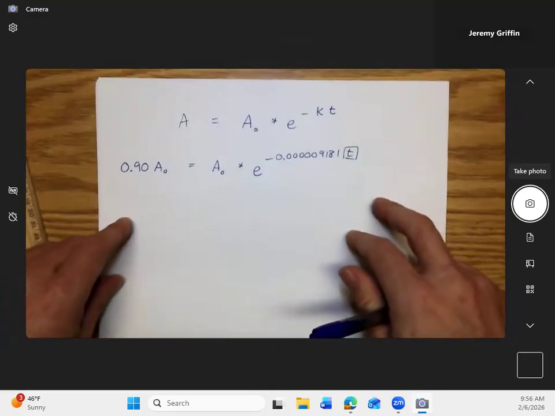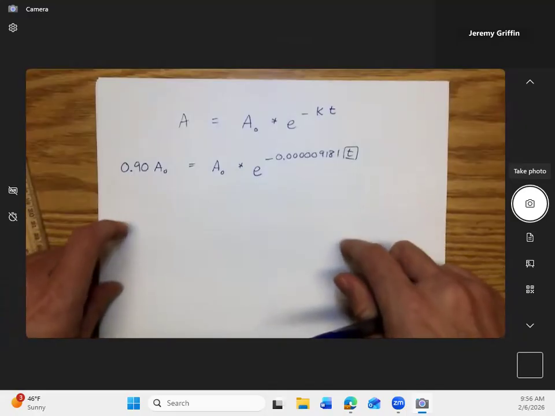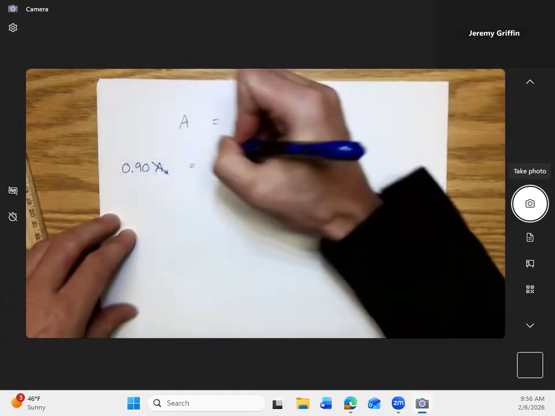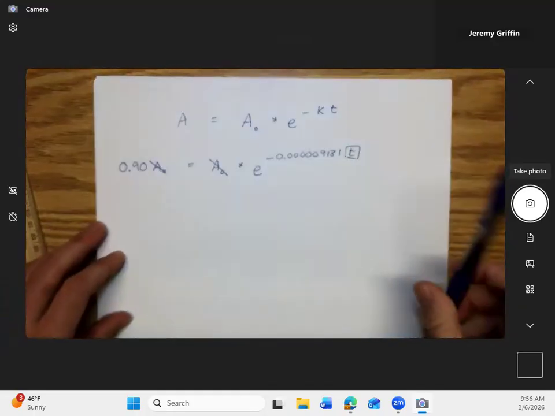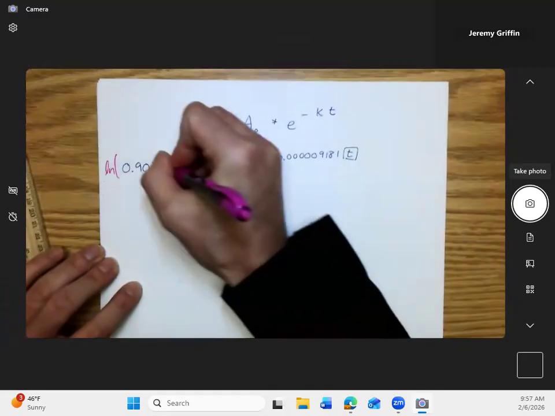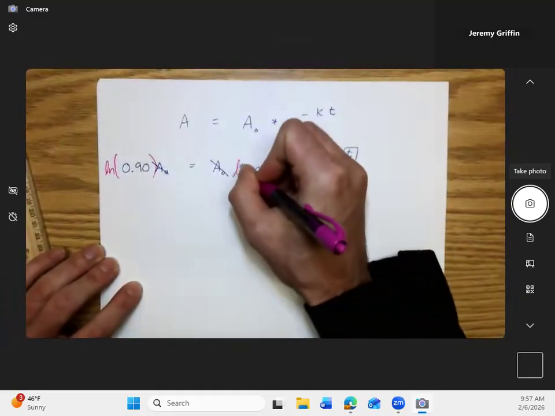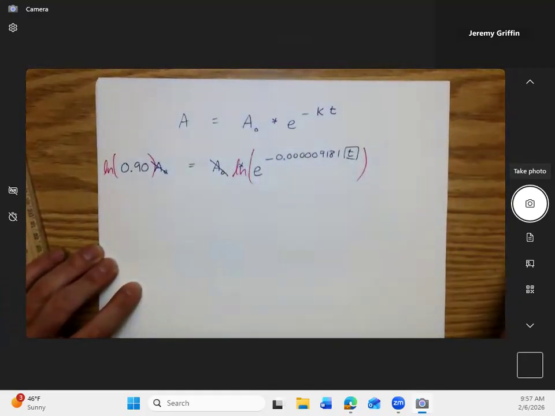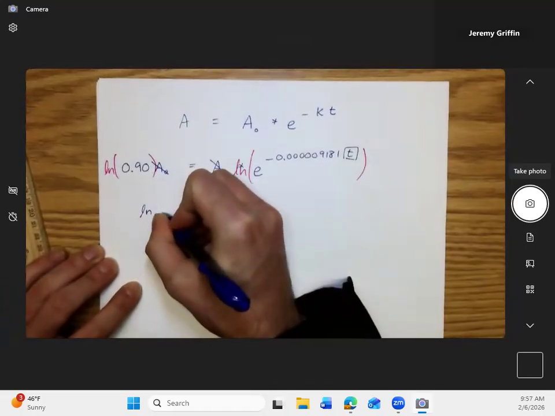Is there any question about the setup? You guys got this? Guys, what's the next step? What do you have to do to both sides? Natural log. Natural log of the left side, natural log of the right side. So the left side is now natural log of 0.9.